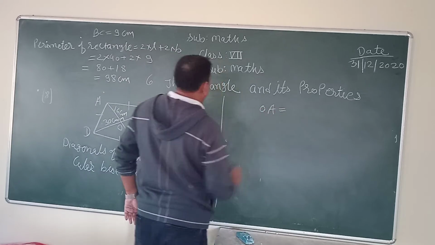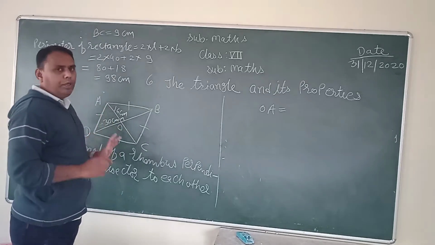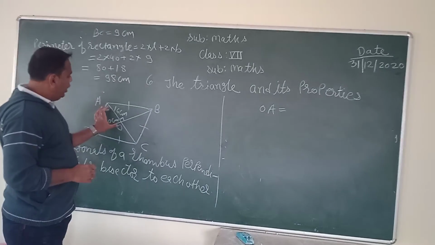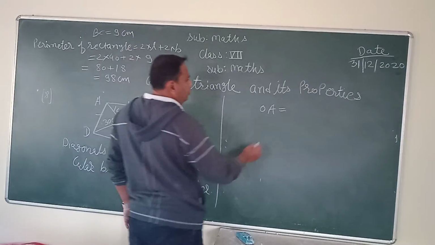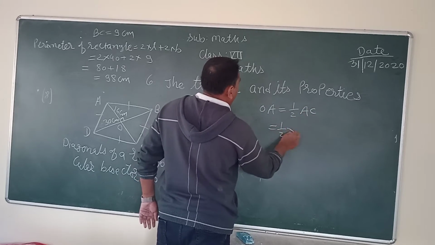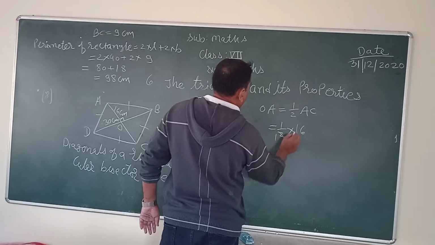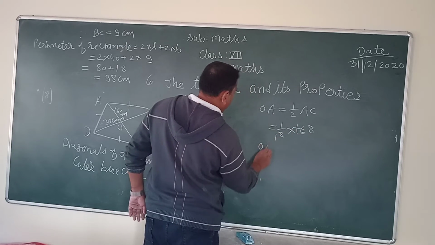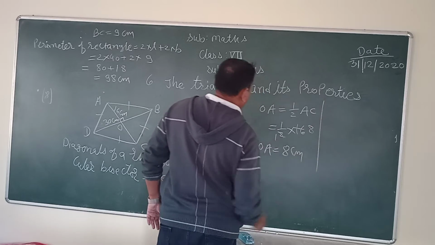OA is equals to half of AC. Then here AC is 16. 2 ones are 2, 2 eights are 16. Then OA is equals to 8 centimeters.